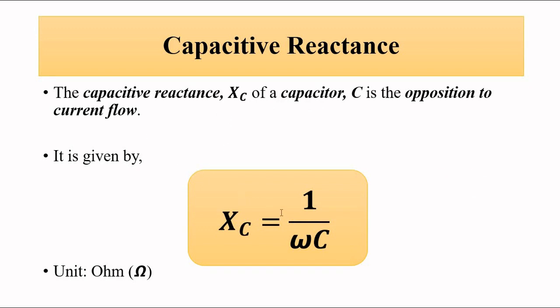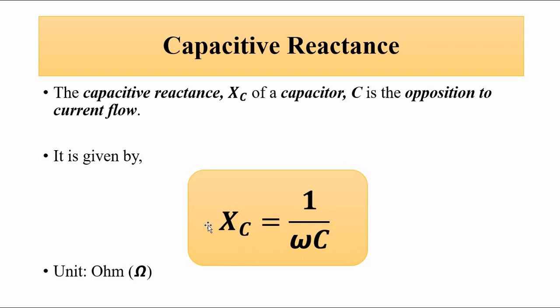The capacitive reactance of a capacitor C is the opposition provided by the capacitor to current flow. It is expressed as Xc, where X is the symbol for reactance, and here it is because of the capacitor, so it is capacitive reactance. The same goes for inductance, where there is inductive reactance.